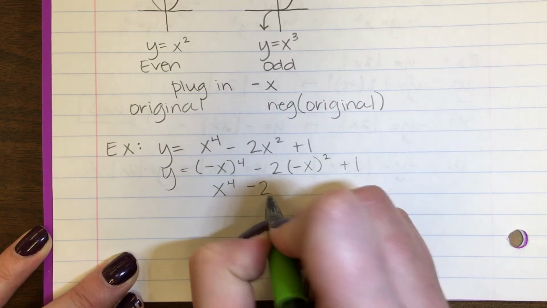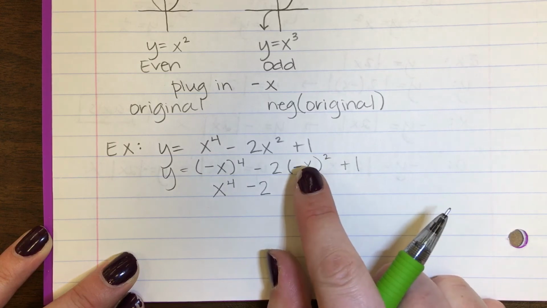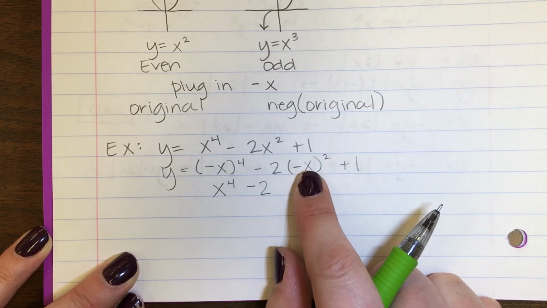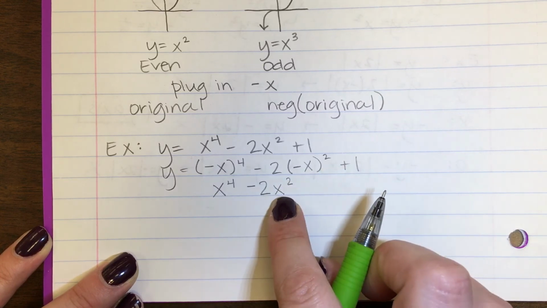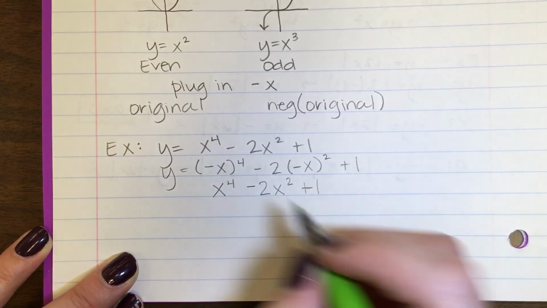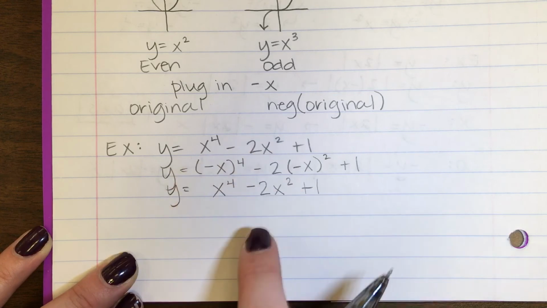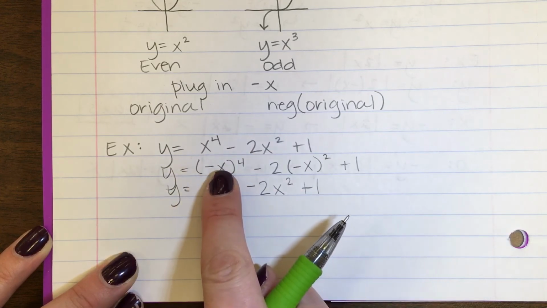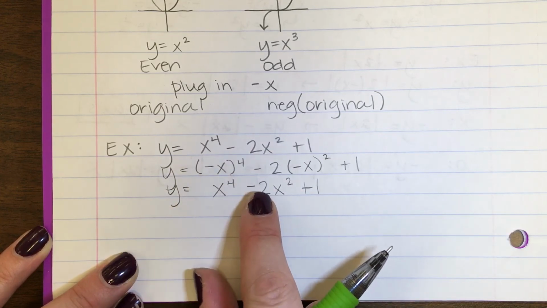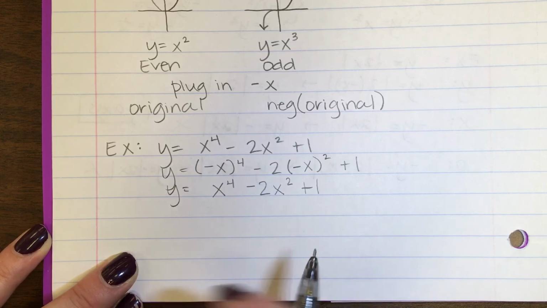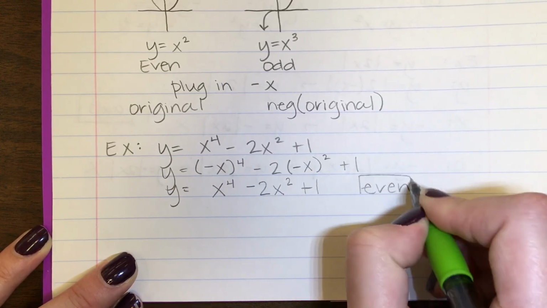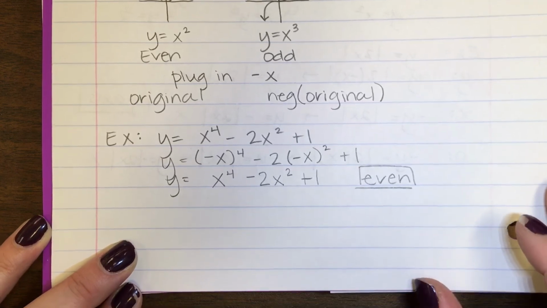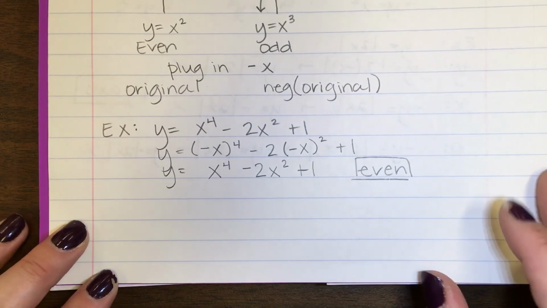And then I have minus 2 times, and then this is negative x times negative x, and so that gives me x squared, that's positive, and then I still have the plus 1. So if I look at this, I notice that when I plug in negative x and simplify it, it's exactly the same as the original, and so that means that this function is even. If it's exactly the same as the original, it's even.